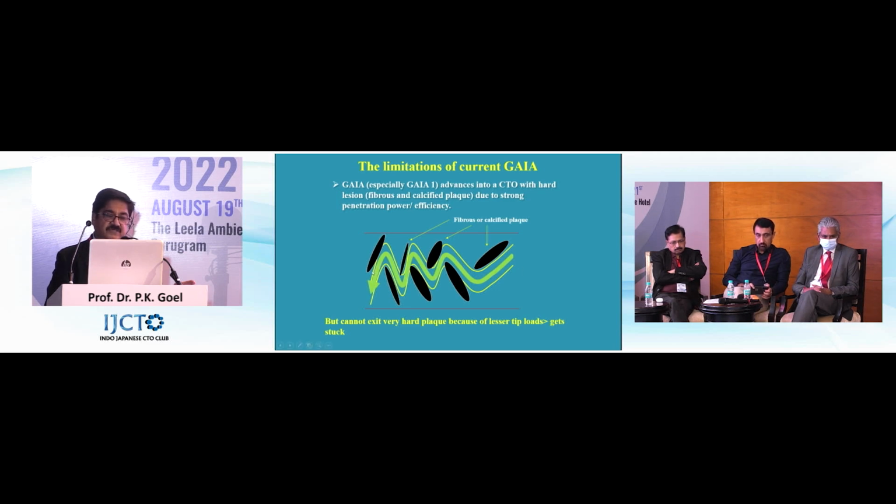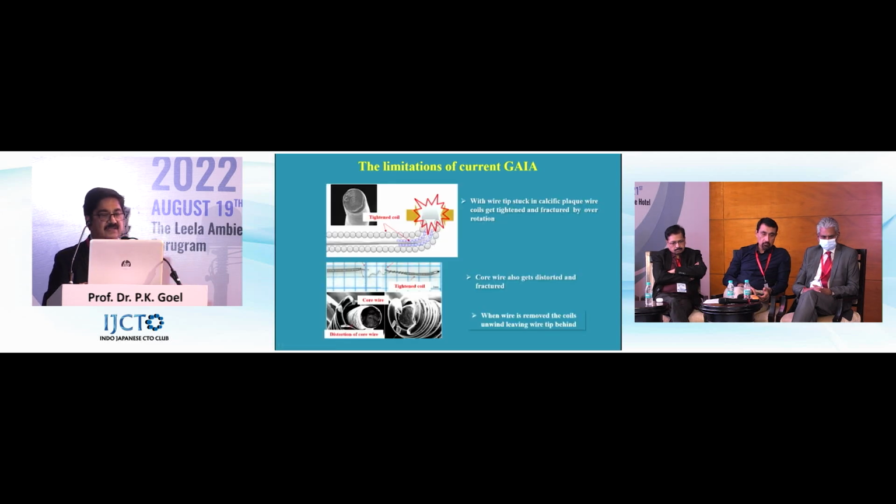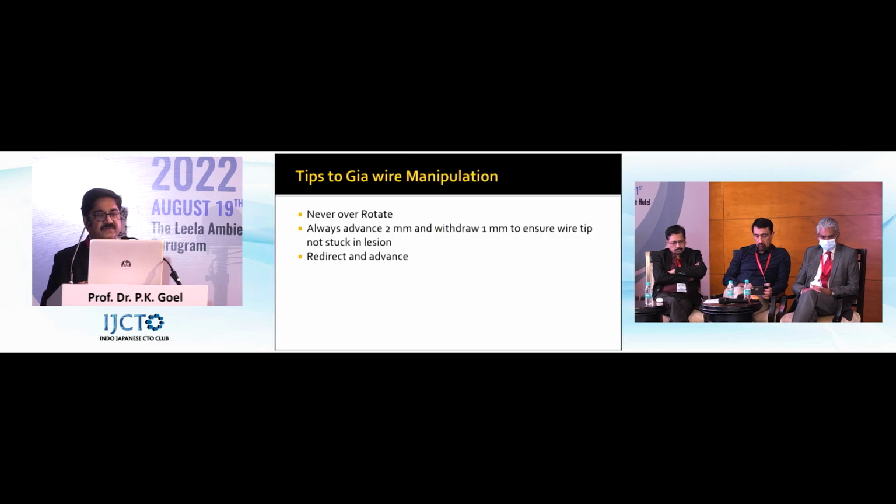The wire moves inside the calcium all around, but it cannot penetrate the calcium and gets stuck there. And then when you rotate it more, the stuck wire gets over torsioned, and then the coil, because the coil on the Gaia 1 is a single coil, the outside coil, and it breaks, and because of that you can sometimes stick that wire there, and when you pull it out, it comes out as an unwind coil.